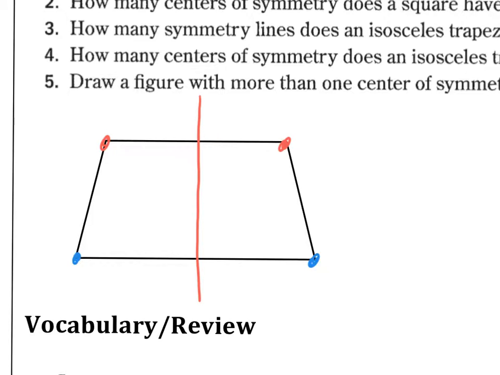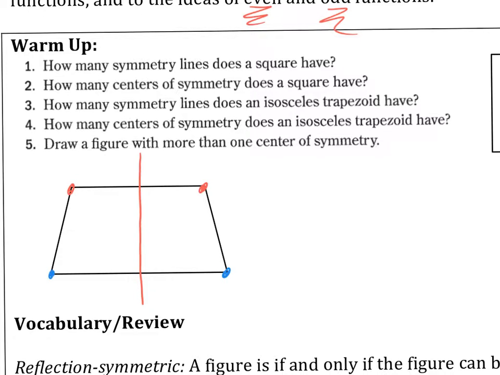Can we do lines to the corners? I can draw a line to the corner, sure, but notice what would happen. This point right there would map to right there, which is no longer on the trapezoid. So the answer there is just 1 as well.